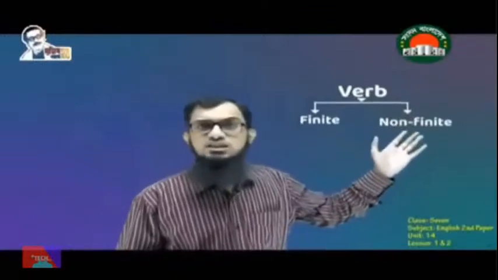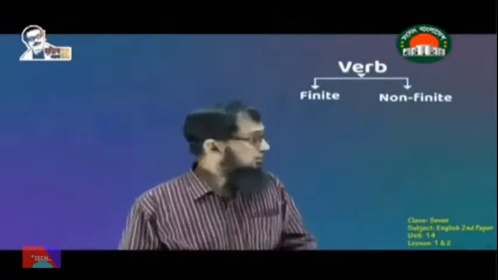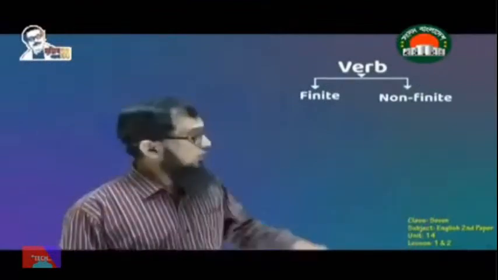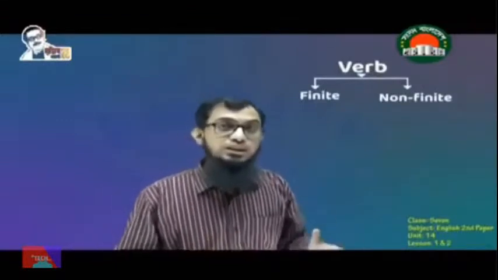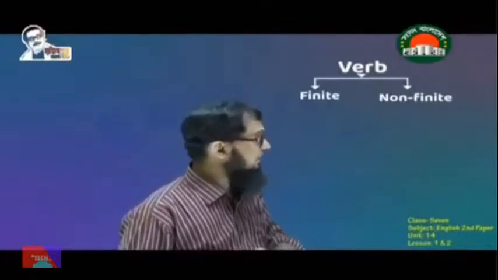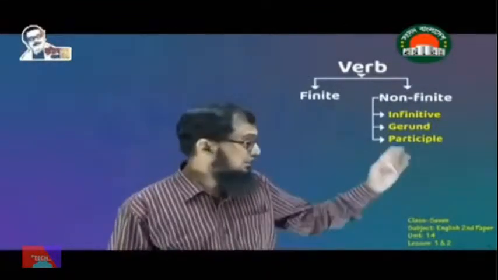Today our discussion is going to be non-finite. Non-finite can be further divided into three categories: infinitive, gerund, and participle. According to today's lesson plan, we will be talking about infinitive and gerund only. In the next lesson you will come to know about participle as well.